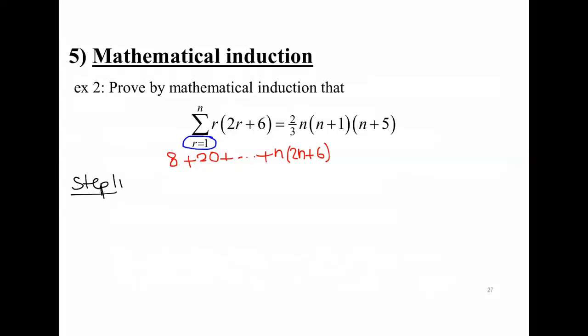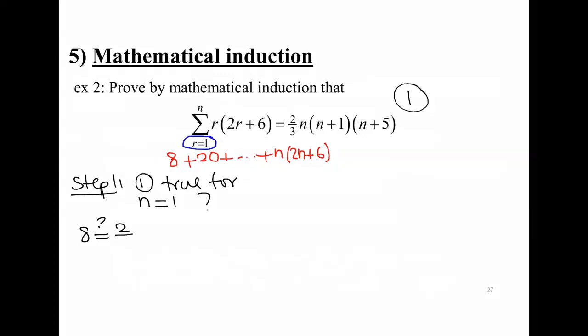In step 1, I want to prove the statement, which I call P(n), true for n equal to 1. For n equal to 1, on the left-hand side I have an 8, which I want to prove equal to the right-hand side for n equal to 1.